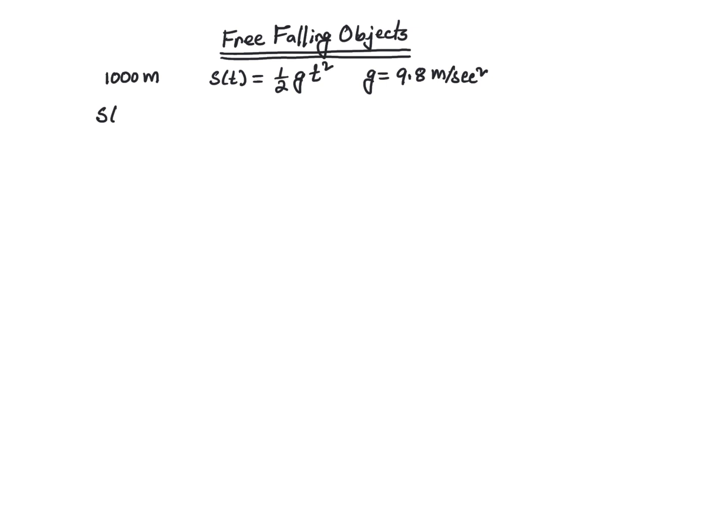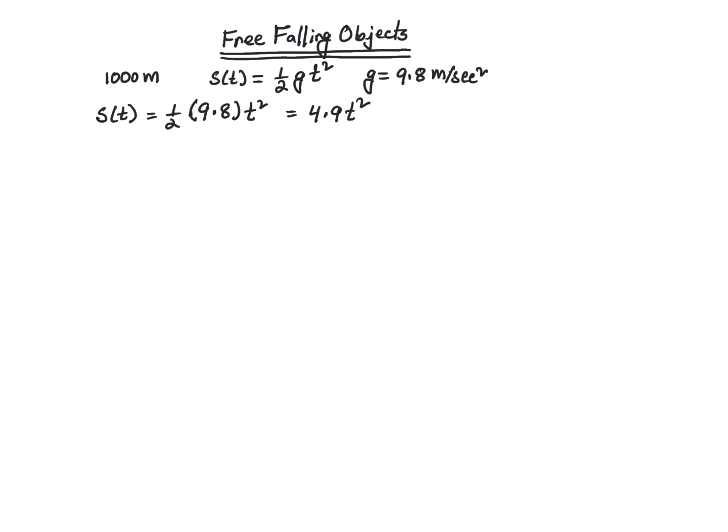So s of t as a function of time is going to be 1/2 times 9.8 times t squared, which gives me 4.9 t squared. Now we are going to use this formula to find the position of the object at any time.